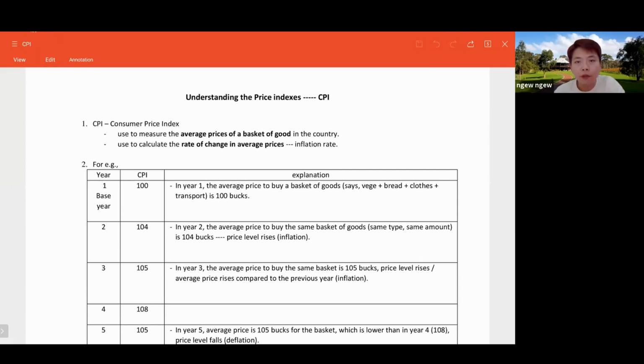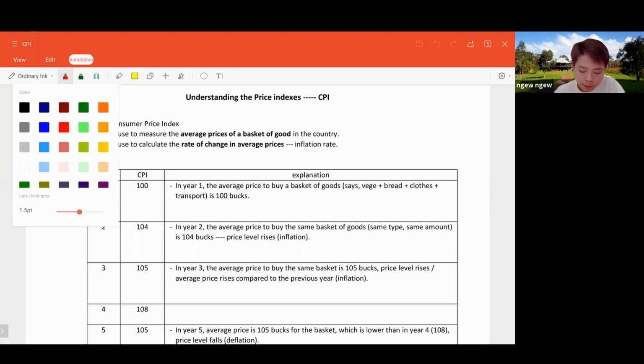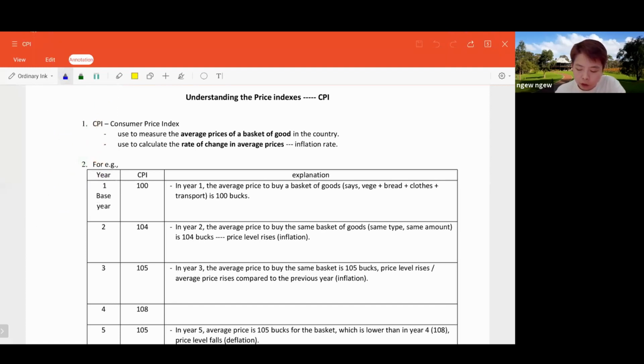The measure of inflation is known as CPI, the Consumer Price Index. It is used to measure the average prices of a basket of goods. Inflation is not a rise in the price of one good. It is a rise in the price of a basket of goods that most citizens consume in the country.